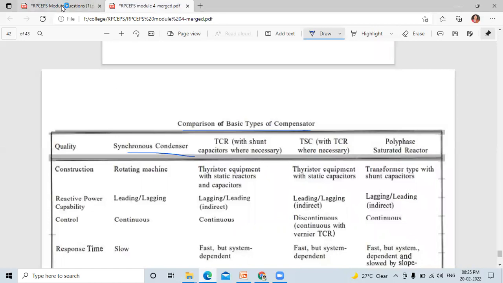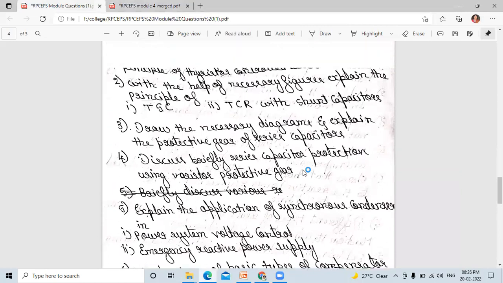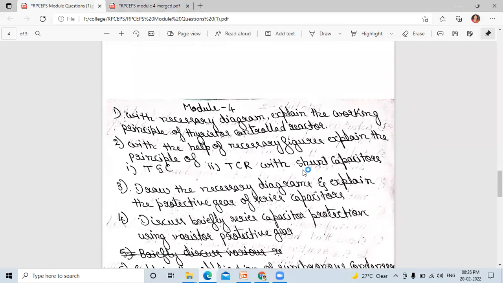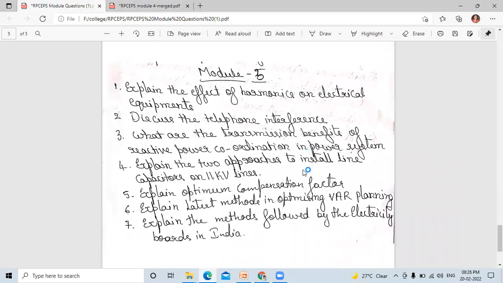This will come under model 4. Comparison of basic types of compensator. Next, finally, model 5.